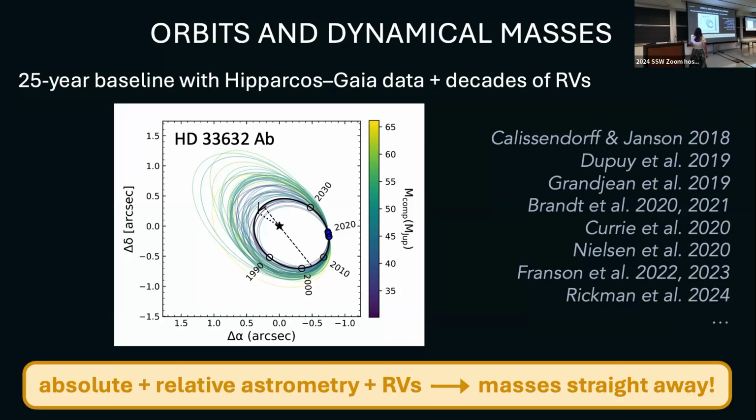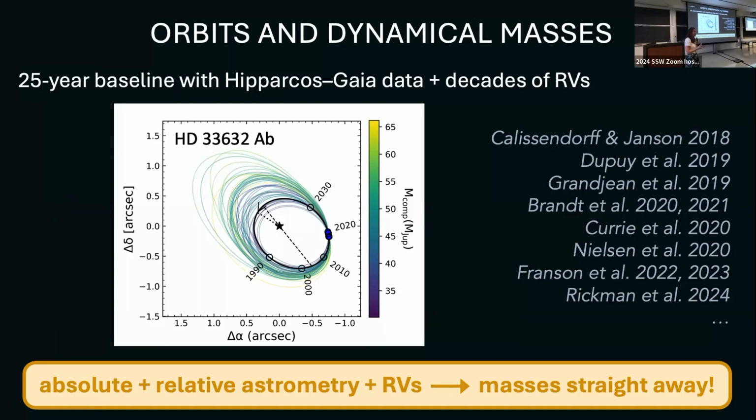So as Sarah said this morning, we can use relative astrometry, but also combine it with absolute astrometry and radial velocities to constrain orbits. And this is really cool with all these new stars that we're finding with Gaia accelerations, because the Gaia Hipparcos data basically gives us a 25-year baseline on the information of the orbit. When we started discovering direct imaging systems, we had to wait years, if not decades, before we started seeing a bit of orbital motion for the HR 8799 planets.